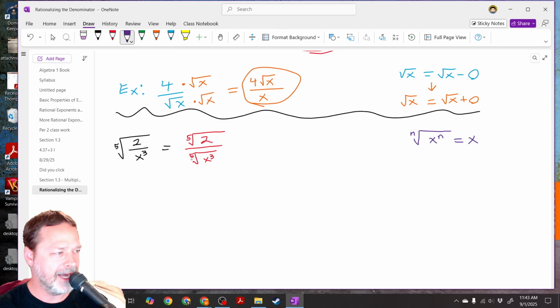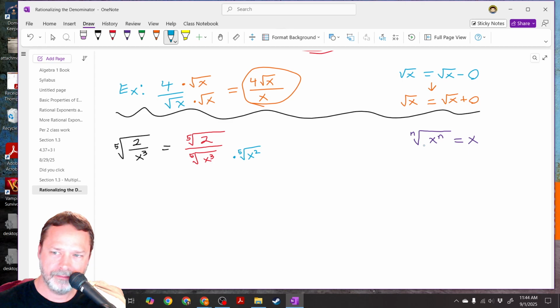I want 5 of them under the root. So that's what I'm going to do, is multiply numerator and denominator by the 5th root of x squared. Because that will get me my desired result. That's going to give me x to the 5th under the root. So whatever you do to the bottom, I'm going to do to the top. 5th root of x squared.